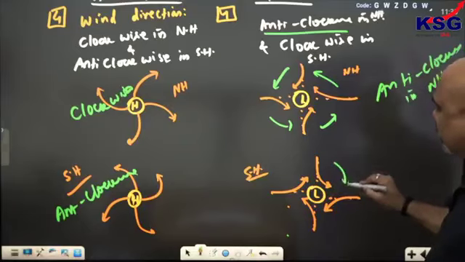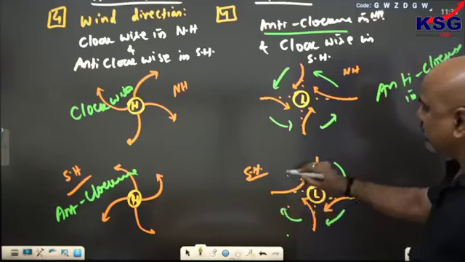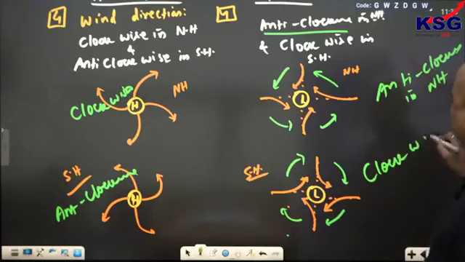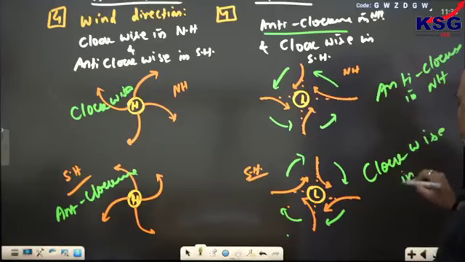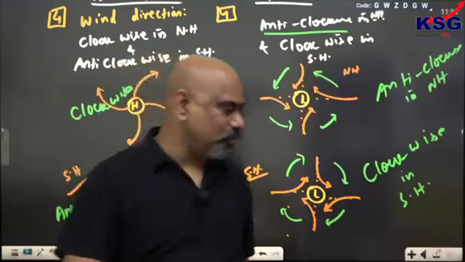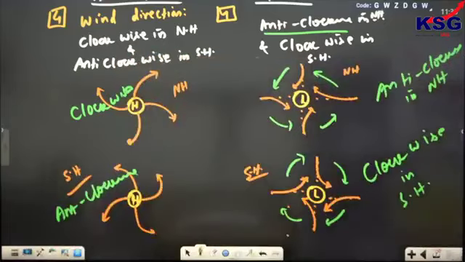And here if you will see it will be like this. Overall from space if you will see it is like this. So clockwise in southern hemisphere. आप ये सब देख के आपको पता चल जा रहा होगा कि how it is this. I hope you remember that which you have discussed earlier.